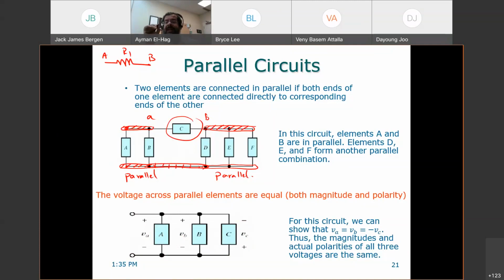So parallel resistors have the same voltage. Series resistors have the same current. Series resistors share only one node and nothing else shares this node. Here they share two nodes. However, you could have multiple elements if all of them share the same two nodes.